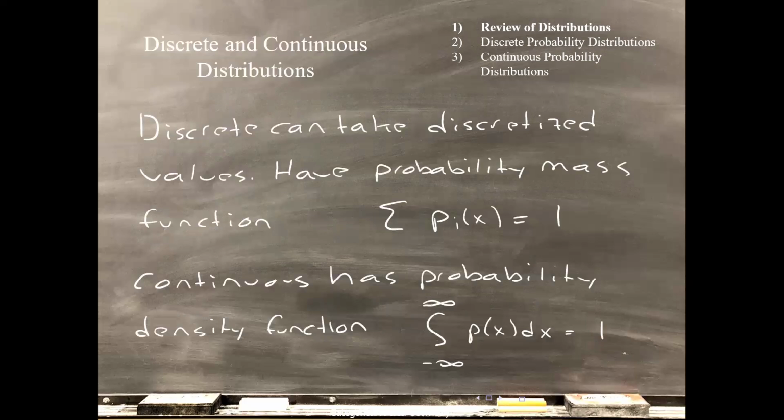Right. So now we're going to specialize into two broad classes of probability distributions. So this will be discrete and continuous. So in the discrete case, we can have a finite number, or we have a discrete spacing between possible outcomes. So if the outcome is like, say, x is equal to 1, we could have x equals 2, x equals 3, but there needs to be some spacing between these things, right?